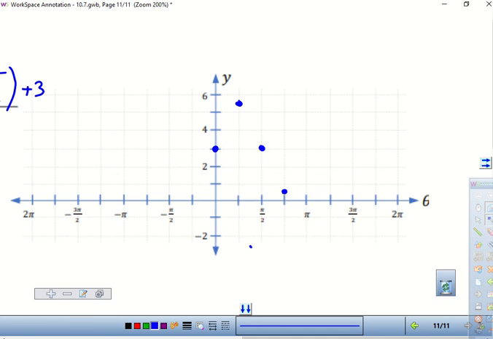And then at pi, it should be at 3. Yep. Comes back up. So you can start seeing its shape. And then just connect it.